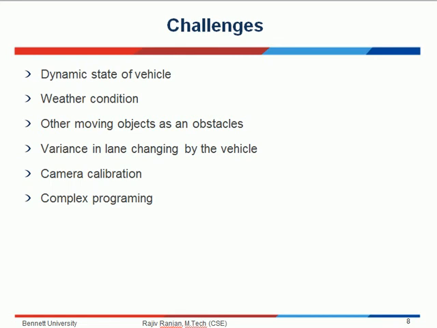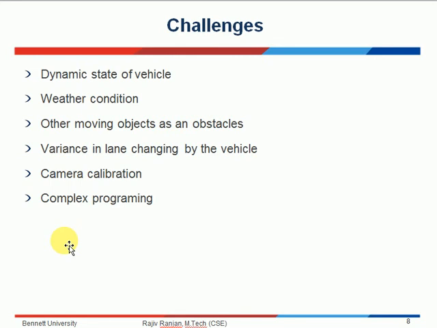The next is variance in lane changing by the vehicle. It will only work for single-lane vehicles, so merging with another lane will disturb the working pattern of this project. And very important is camera calibration.